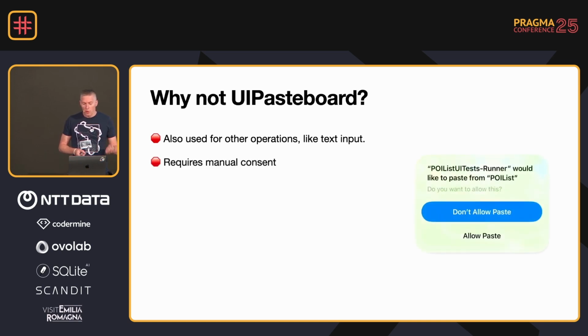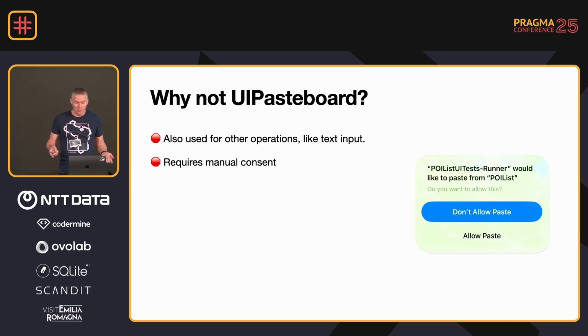But the second, even more important reason, is this dialog that you have seen. The problem here is that when this dialog appears for the main app, XCUITest easily dismisses it with an interruption monitor. But when it happens the other way around, when the main app tries to pass something to the test app, obviously the test app cannot dismiss it because it would be doing this for itself.